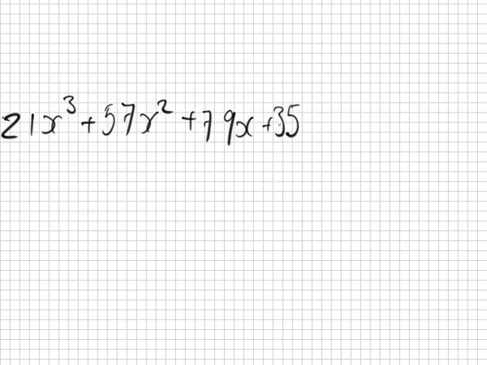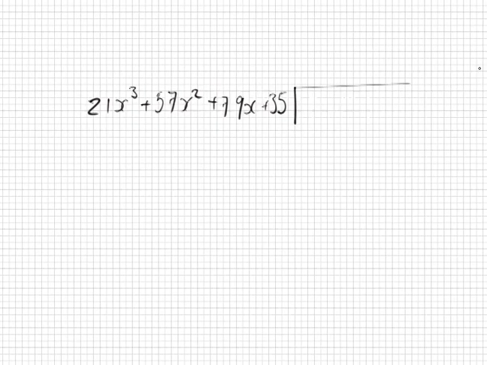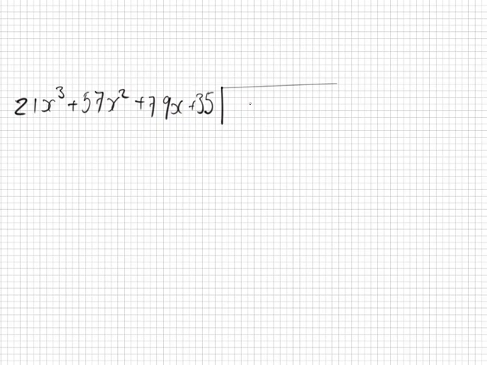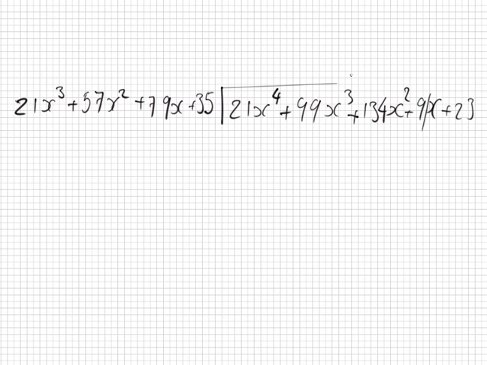It's 21x cubed plus 57x squared plus 79x plus 35 into 21x^4 plus 99x cubed plus 134x squared plus 91x plus 23.